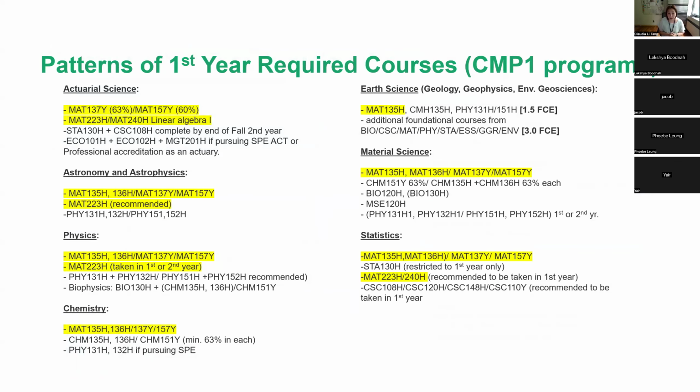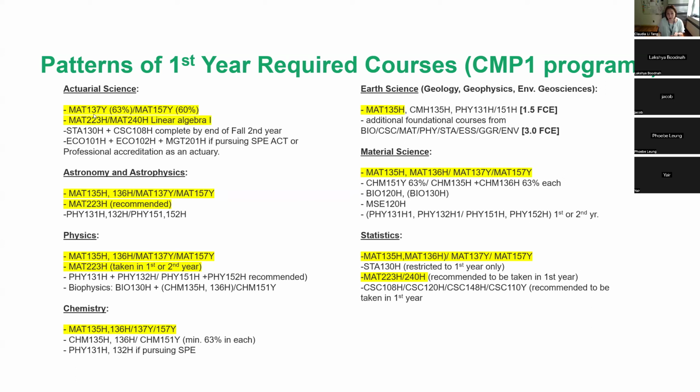Okay, so let's see. All right, so these are other patterns of first-year required courses in other physical and math sciences. So we have actuarial science, if some of you are interested in that. Typically, if you look at all of these programs in the math and physical sciences, you'll see that the common denominator of courses that you have to take involves at least one of these calculus courses, right?